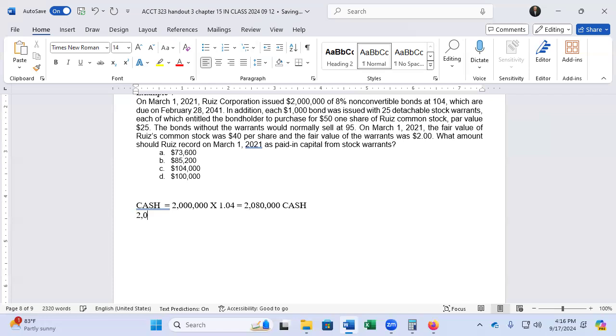And then you have 2 million times 0.95, which is what the bonds would be valued at without the warrants, and that's 1.9 million.